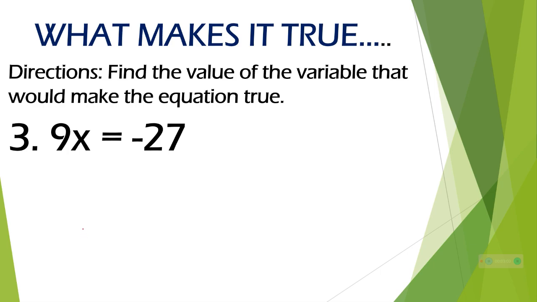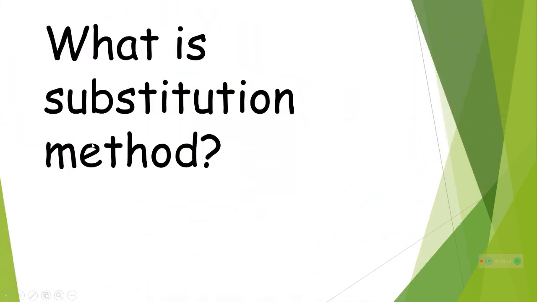The value of x is, yes, negative 3, so that it will also be equal to negative 27. So you are going to divide both sides of the equation by 9. So x is equal to negative 3. And if you substitute negative 3 in place of x, 9 times negative 3 is negative 27 for our checking. Okay, any question?